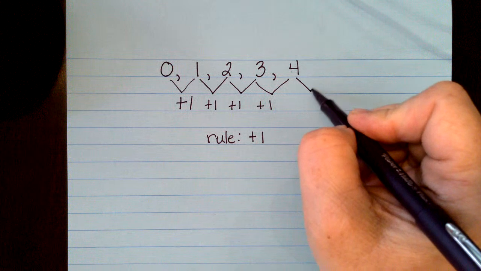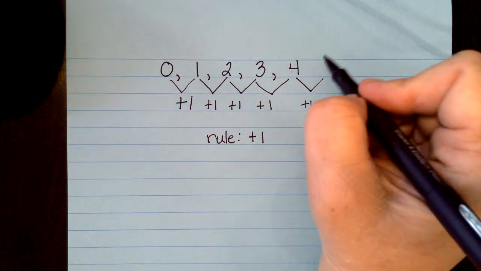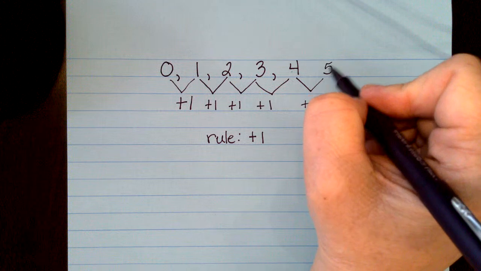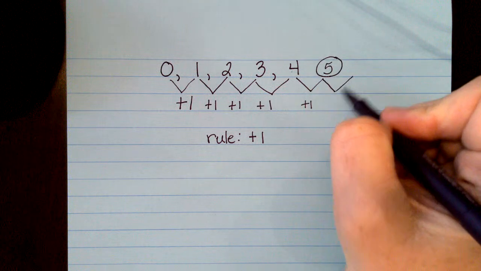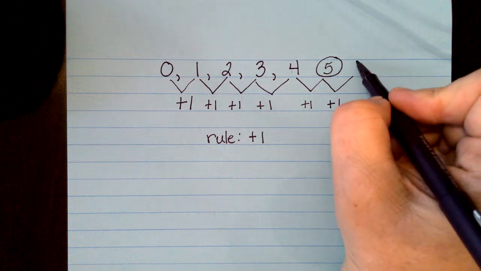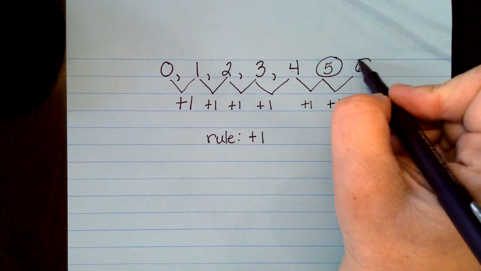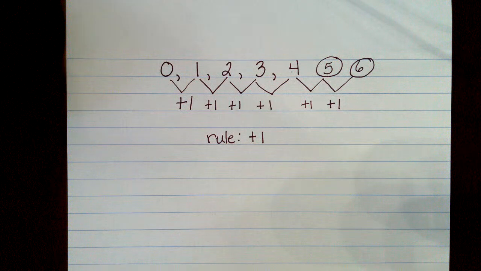If we add 1 to 4, we know that our next term is going to be 5. We can keep moving up in the pattern to find out the next term. The next term would be 6. Knowing the rule helps us to know what is going to come next in the pattern.